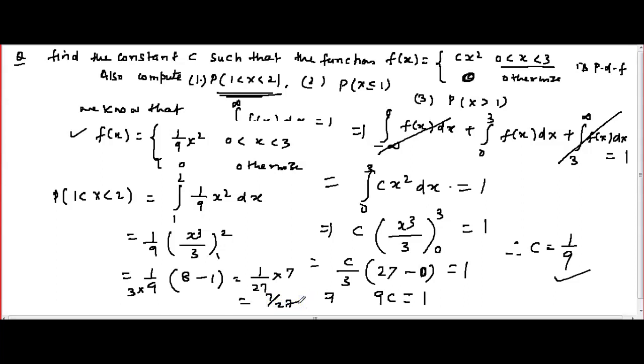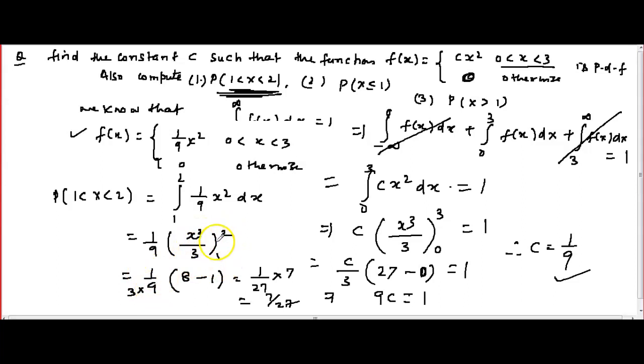Any doubt till here? Tell me. It is given to find the probability of x between 1 and 2, so just integrate from 1 to 2 like a normal integration. 1 by 9 is constant outside, the integration of x square is x cube by 3, and substitute upper minus lower.